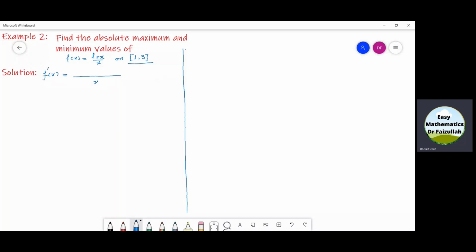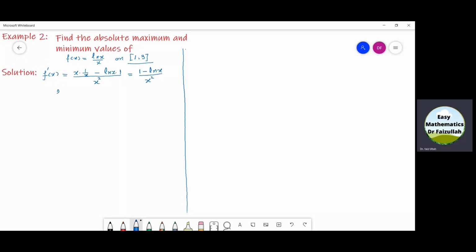So according to this rule, we write the denominator square. So we have x square, then x differentiation of log x, which is 1 over x, minus log x and differentiation of x, which is 1. So we have 1 minus log x divided by x square.